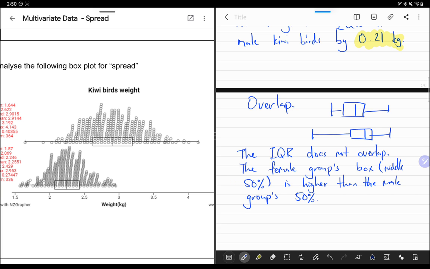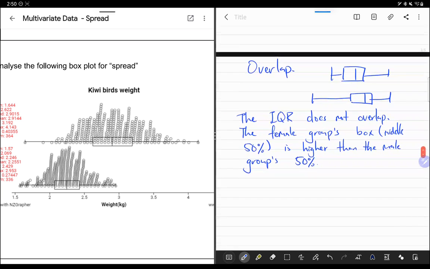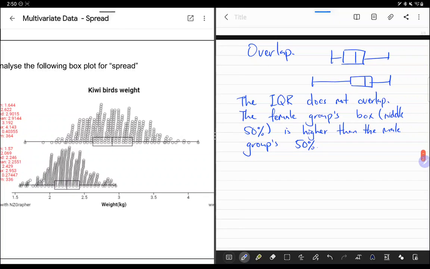It's the whole box just out of it. They are not overlapping at all. So maybe the saying, the difference is quite definitive or significant. So we say maybe, or again, we're not making conclusions, we're just making suggestions and making assumptions. Maybe the difference between the female and the male kiwi bird weights, maybe they are quite different, the averages. And maybe we will say that if you want to.